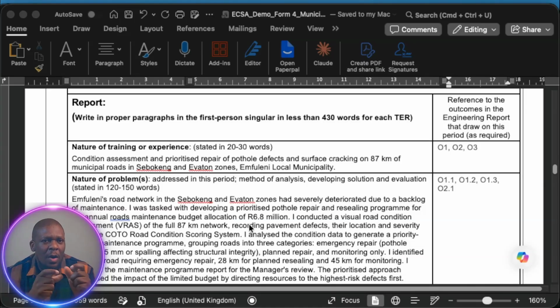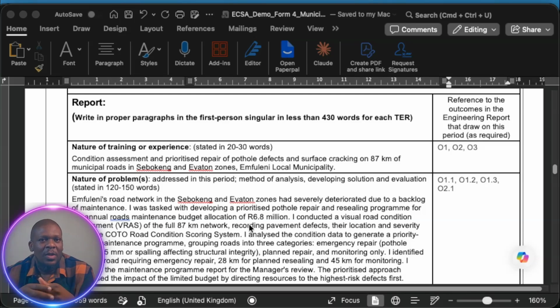Now, your task is to prioritize or develop a priority of how to execute the maintenance of those infrastructure. How do you do that? Of course, for you to prioritize that, it means that you need to go out to perform condition assessment and say what kind of maintenance is required for you to be able to execute it.